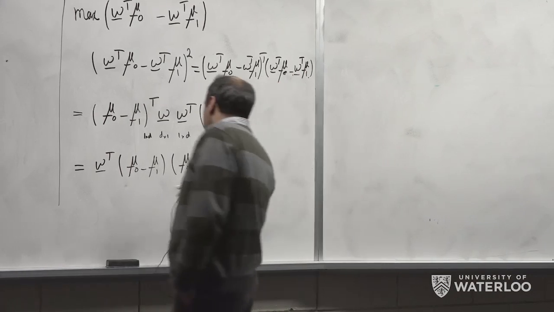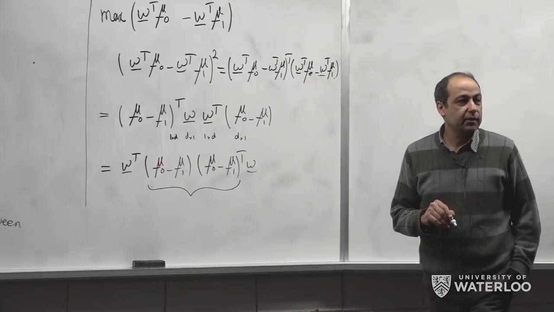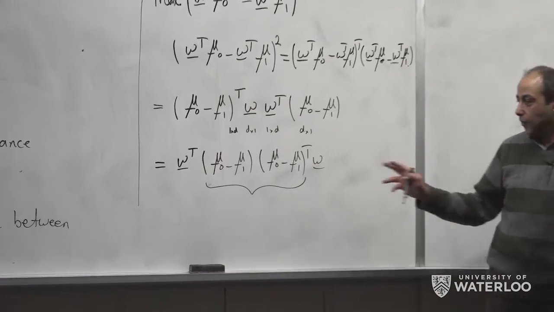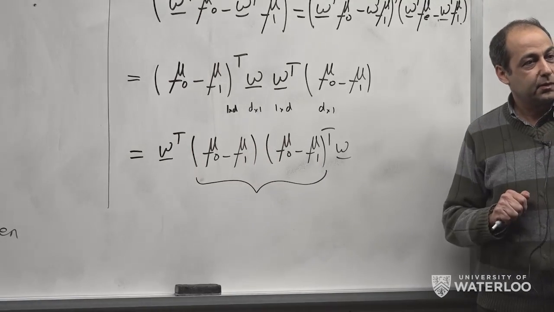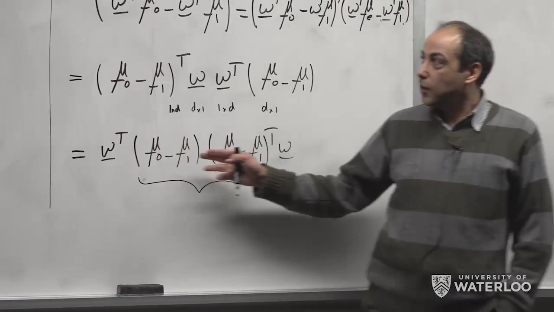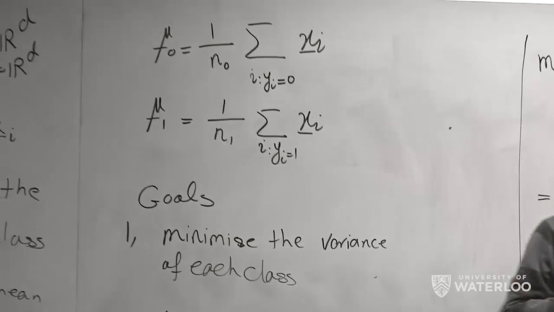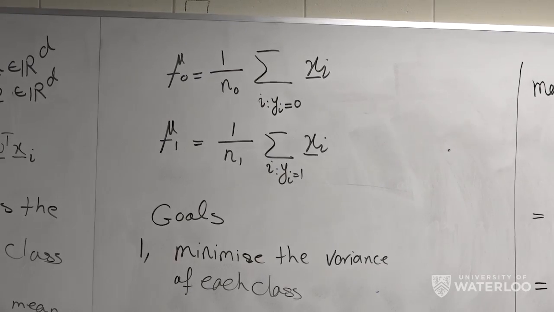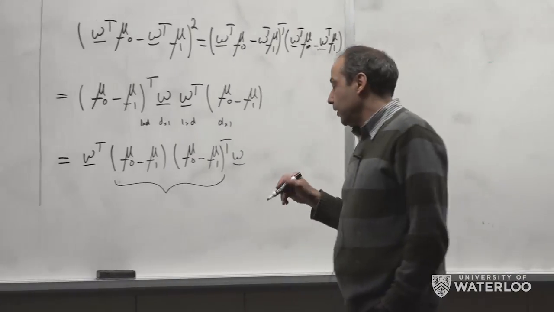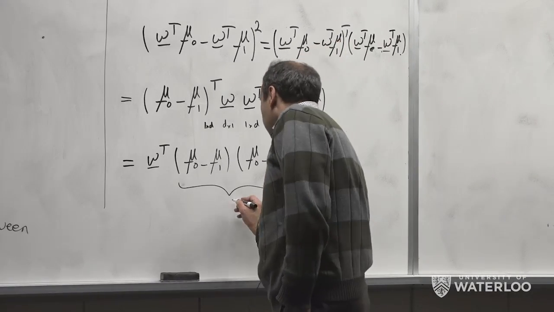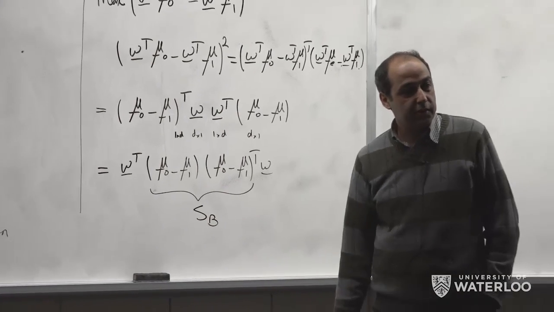Okay, this quantity is known. And the only unknown part is this part, W. Because I know the mean of each class right at the beginning. This quantity which is known, I call it SB in terms of notation.